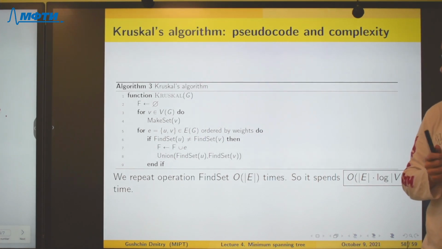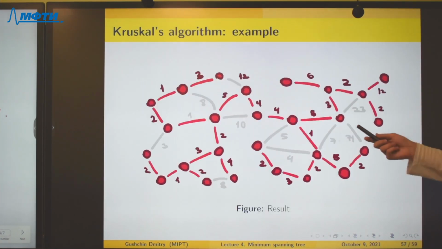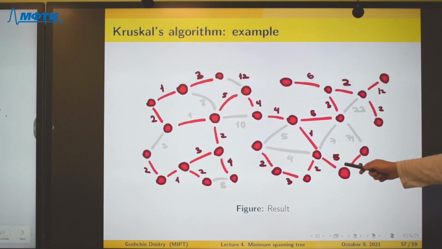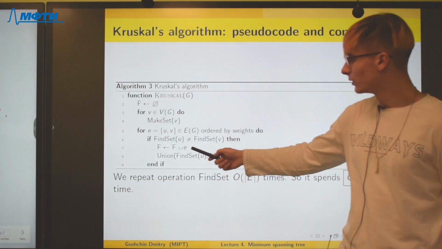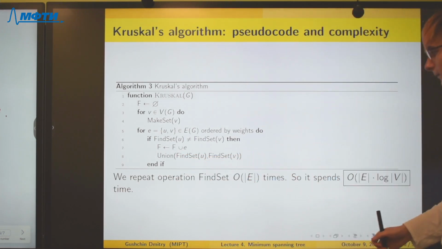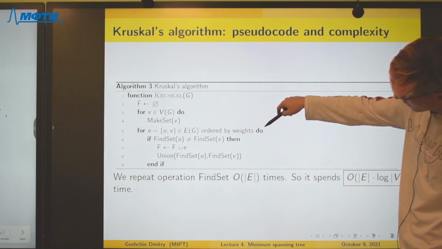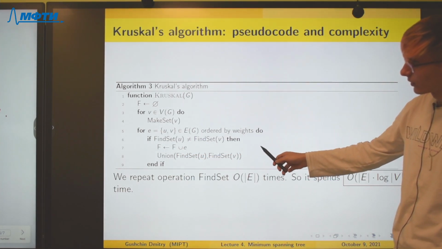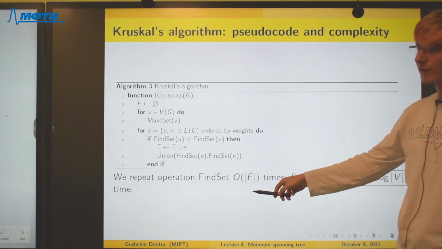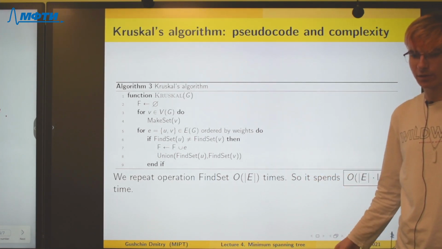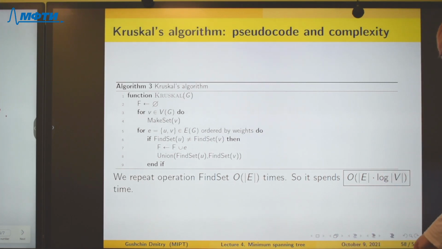We store our minimal spanning tree that we get as the result of this algorithm in structure F. So you can see that our cycle repeats O of the number of edges times, and if you remember, find set has asymptotic time O of log of the number of vertices.